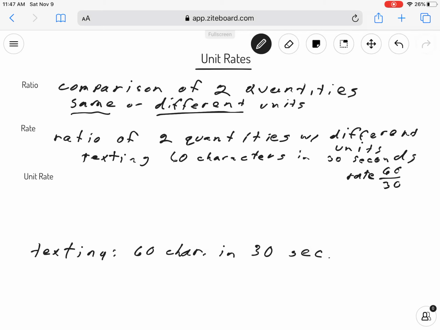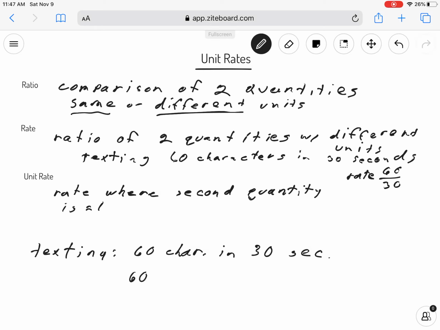Okay. A unit rate then is just simply a rate where the second quantity is equal to 1. So in terms of our texting, again, we have 60 characters in 30 seconds.